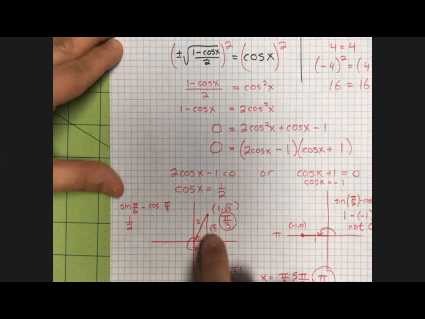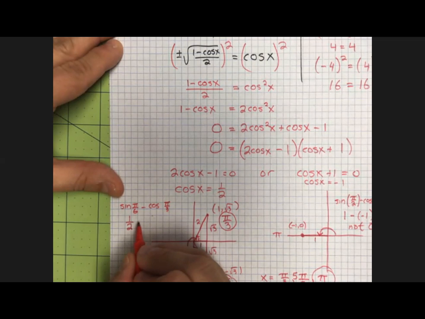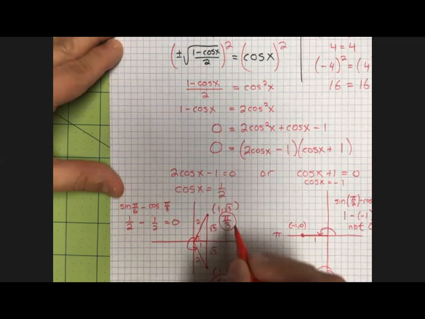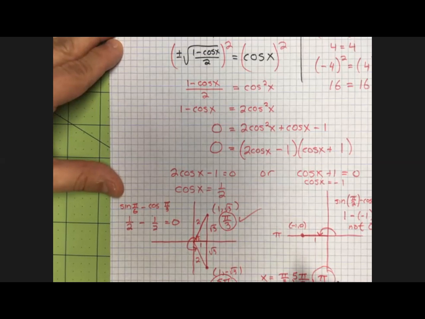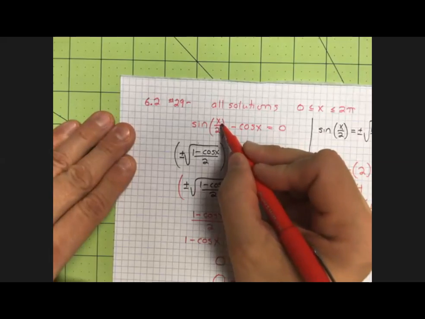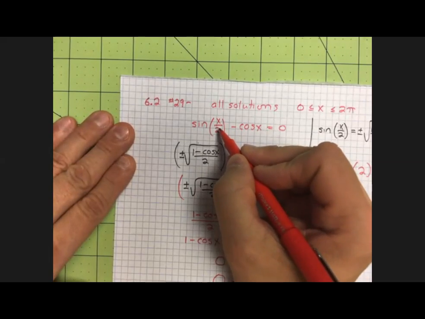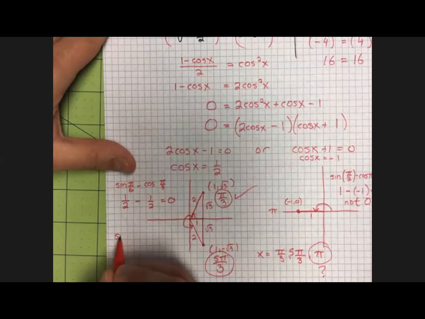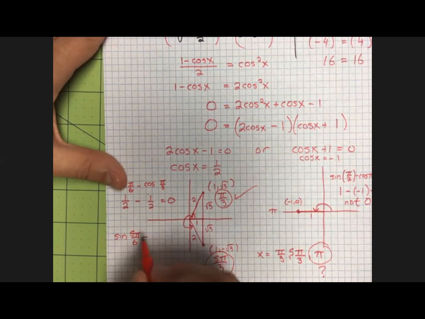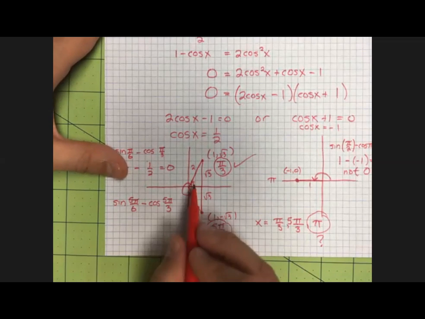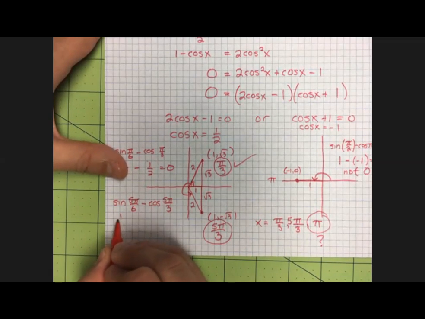I'm looking at pi over 3 right here. Cosine of pi over 3 is 1/2. So 1/2 minus 1/2 is 0. This one works. Let's try 5 pi over 3. Half of 5 pi over 3 would be 5 pi over 6. What's the sine of 5 pi over 6, minus the cosine of 5 pi over 3? The sine of 5 pi over 6 is 1/2.